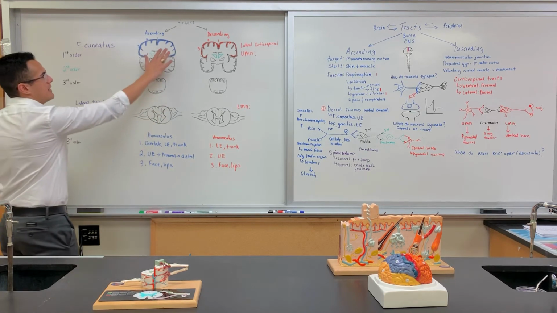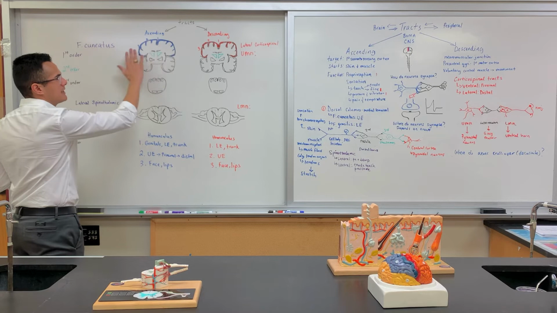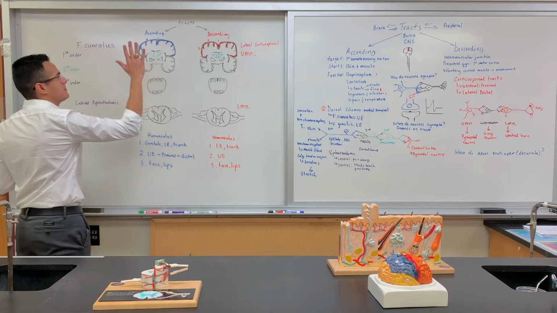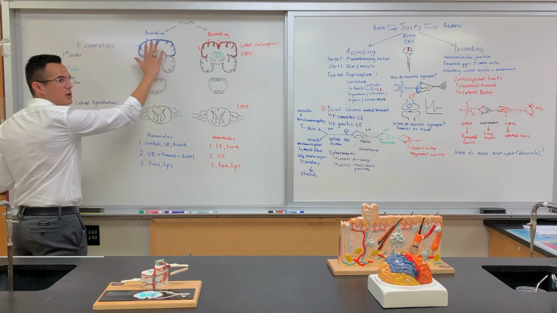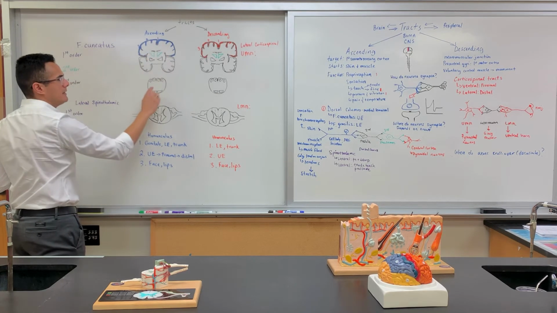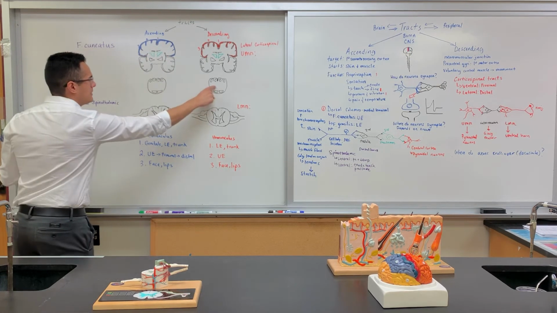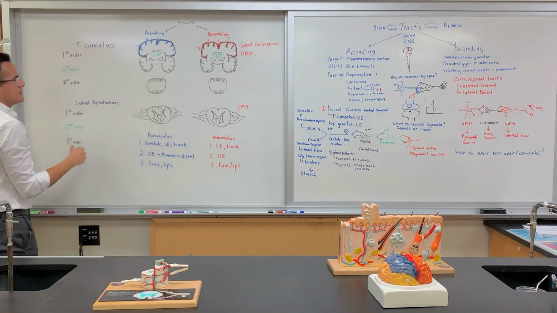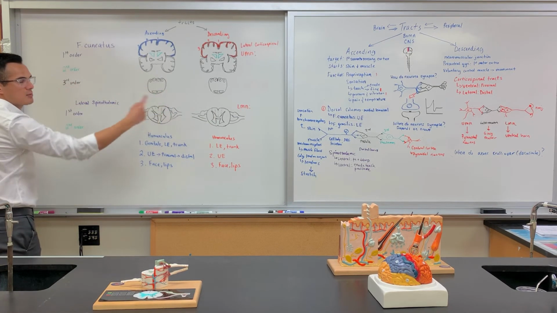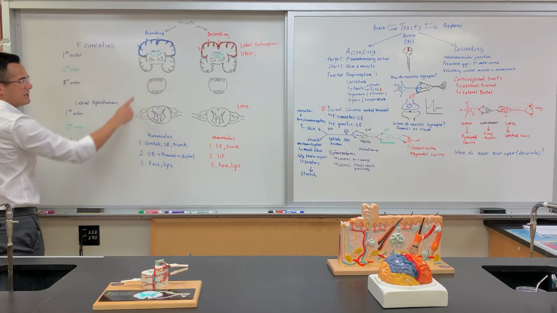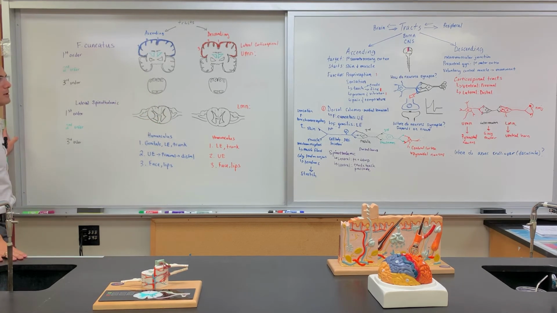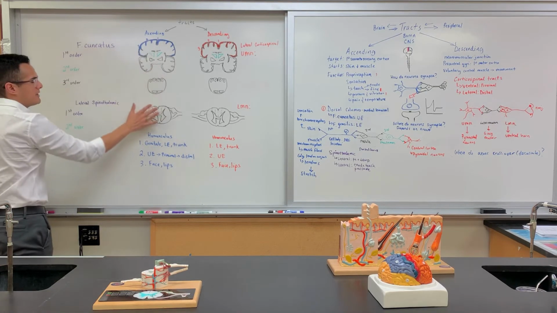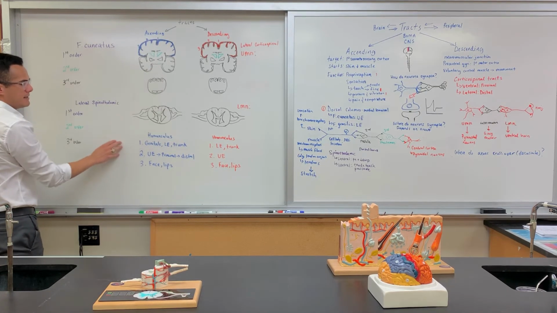This is a coronal section, or a frontal section, of the brain. So this means we cut off the anterior part and you're looking at the posterior part of it. What this represents here, both of these, is the medulla, because that's where the second order neuron is found, and then this is a cross-section of the spinal cord.